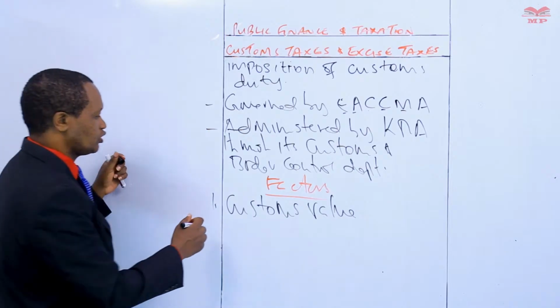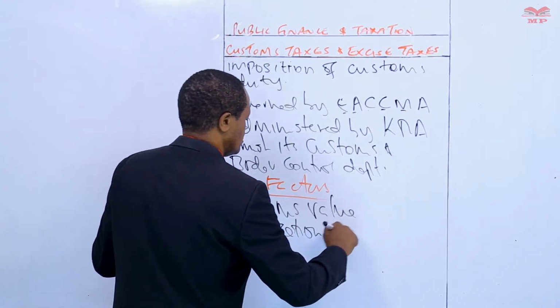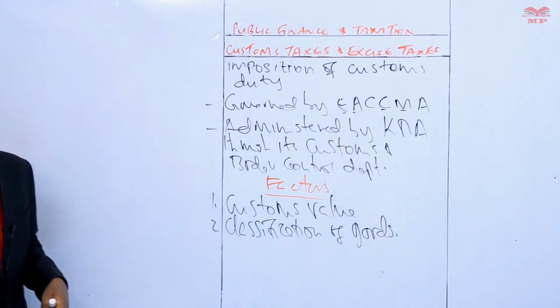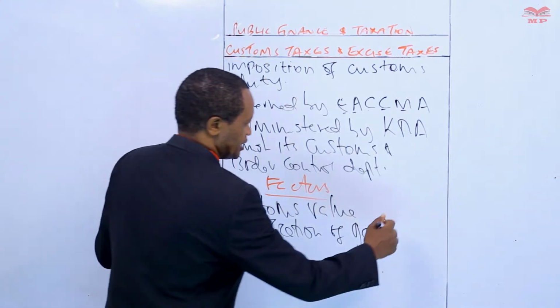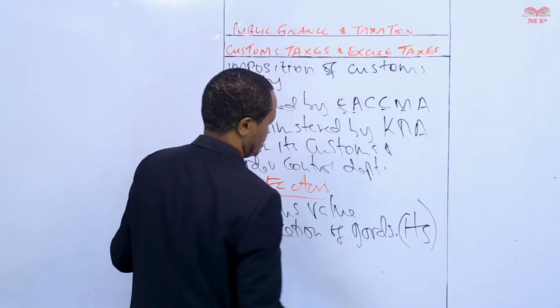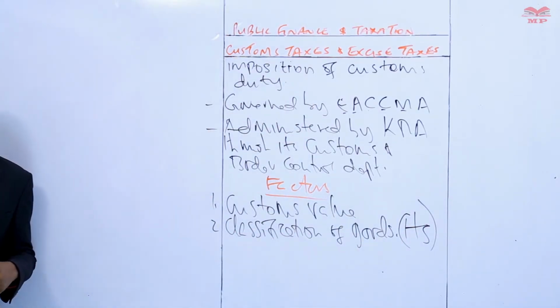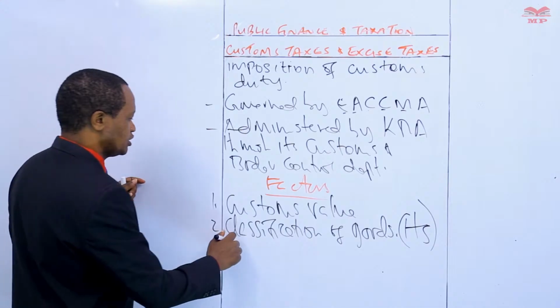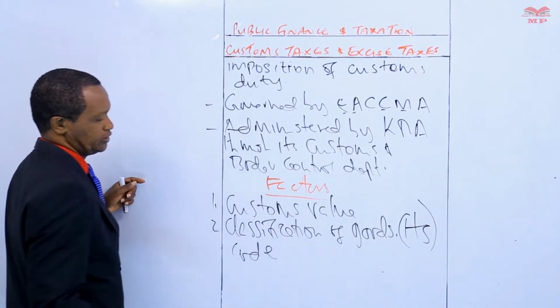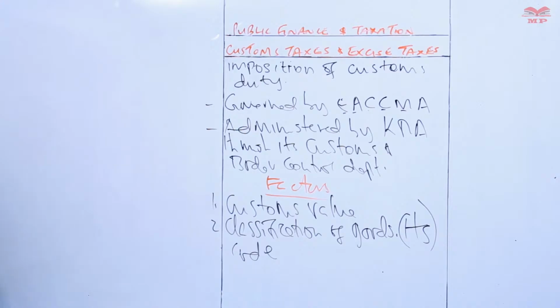Then we have classification of goods. Goods are classified using the Harmonized System, what we call the HS code, which is an internationally standardized system for classifying traded products.